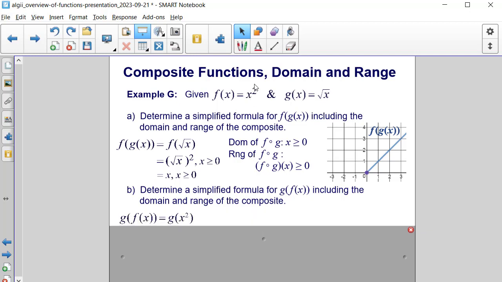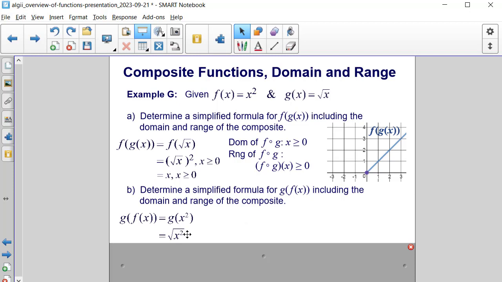And when we take x squared and we substitute it in for x here, we're going to have the square root of x squared. This time, the innermost operation is x squared. So if you substitute in a -2, -2 squared will be +4. And then when you take the square root of 4, you will get a +2 output.